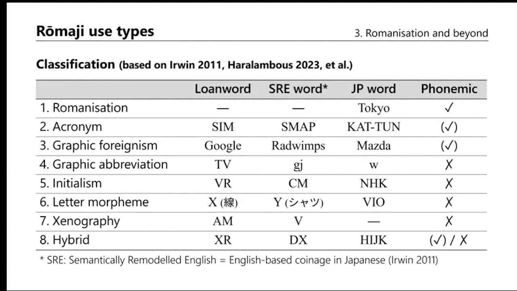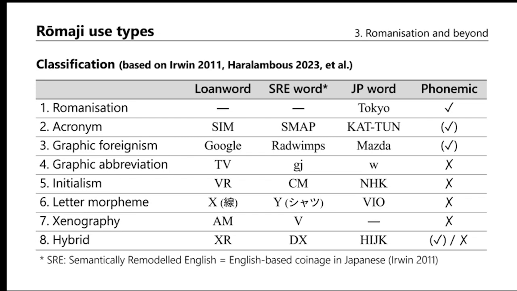Because of the time limitation, I'm not going to detail all these types and examples, but just to give you an idea, I have classified Rōmaji use types based on existing studies. My starting point was Mark Irwin's discussion of Rōmaji usage.